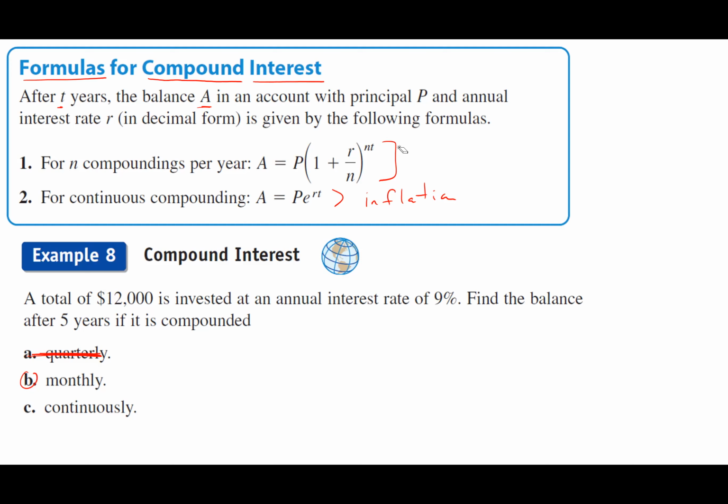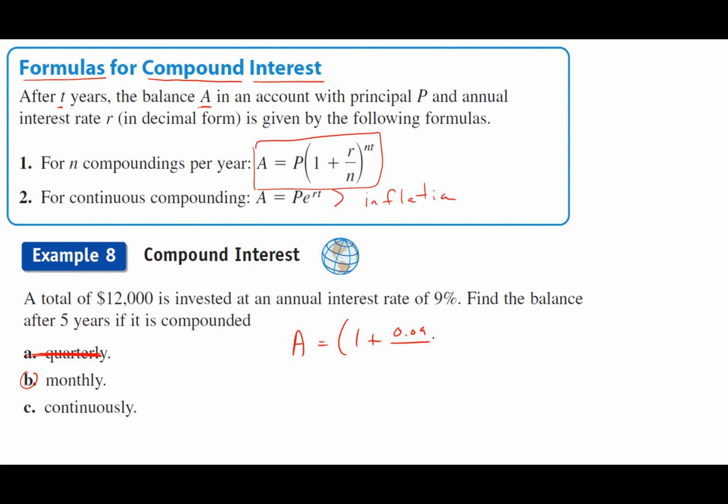So our formula is right here. We can plug into this little piece right here. Now it'll give it to us right away. So let's go with A equals 1 plus. Now your rate is going to be in terms of decimals, because it's always in decimals. So 9% in decimals, 0.09, perfect. Divided by, and N is the fun one.